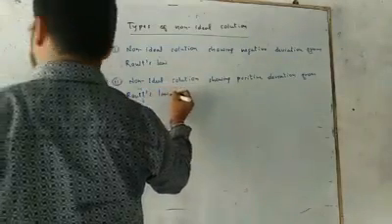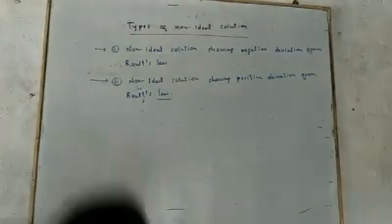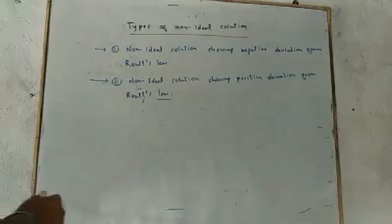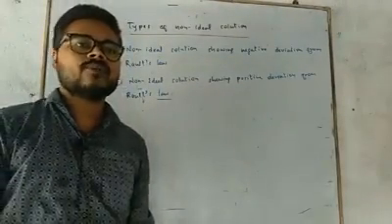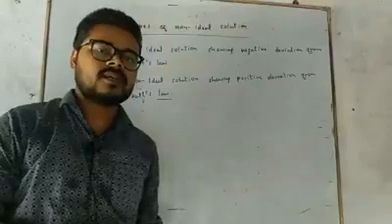Getting this? So two types of non-ideal solutions are there. What does this mean?